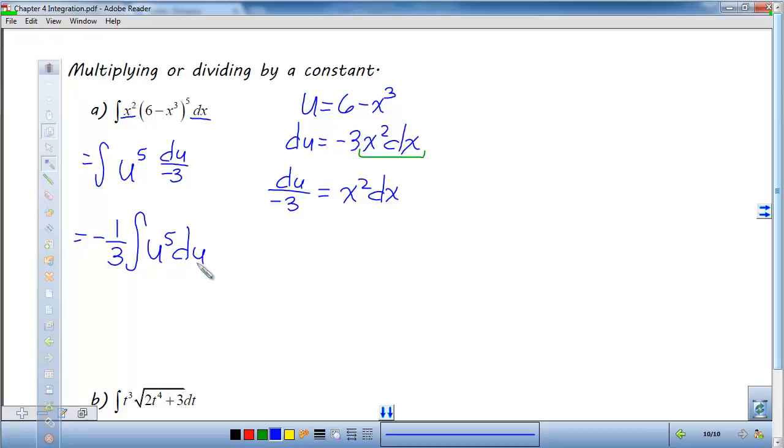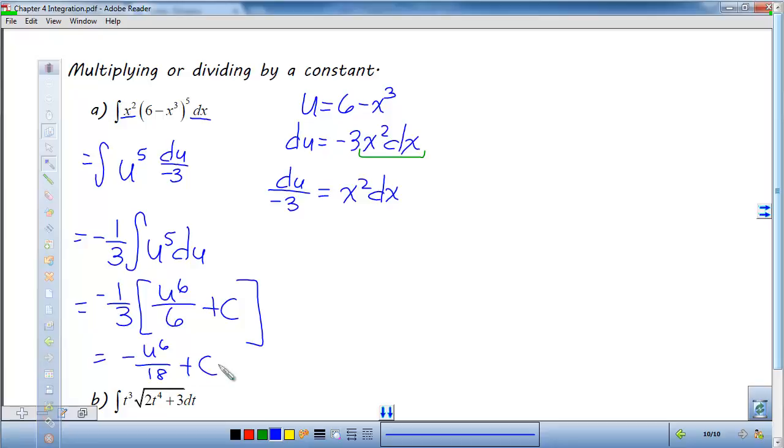And so we get negative 1/3 times u to the 6th over 6 plus c, or negative u to the 6th over 18 plus c. The constant is arbitrary, so we don't have to say 1/3 c or minus 1/3 c.